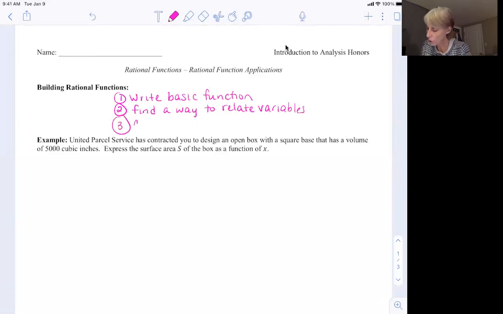And last, go back and write the basic function as one variable.